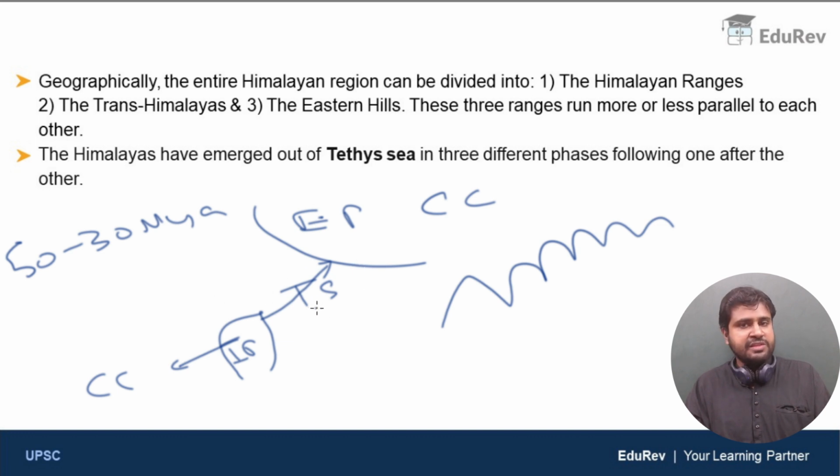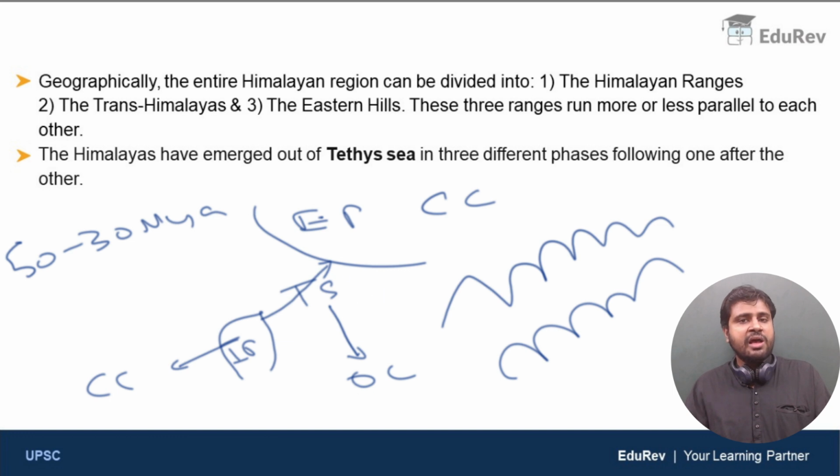But there used to be the Tethys Sea in the middle. So when you say Tethys Sea, it means oceanic crust. So when the Indian plate came close to the Eurasian plate, the oceanic crust of the Tethys Sea got compressed and uplifted. So the compressed crust formed a series of folds, and those folds are nothing but Himalayas.